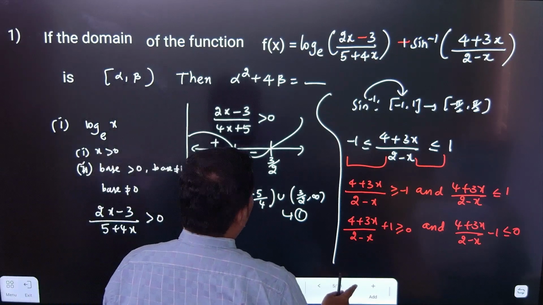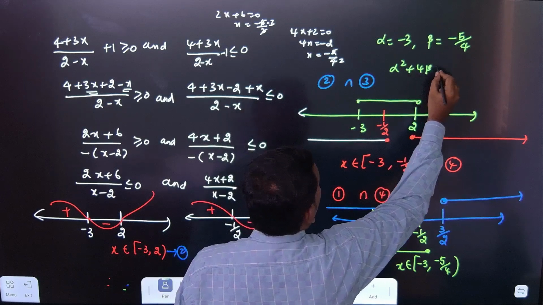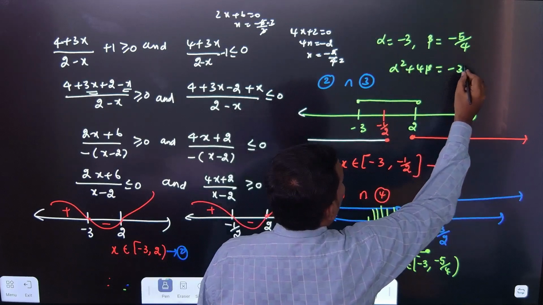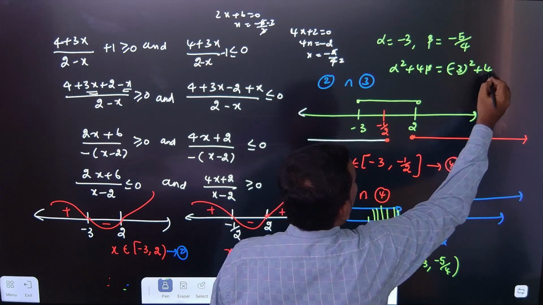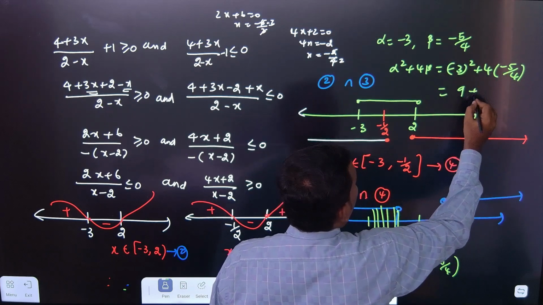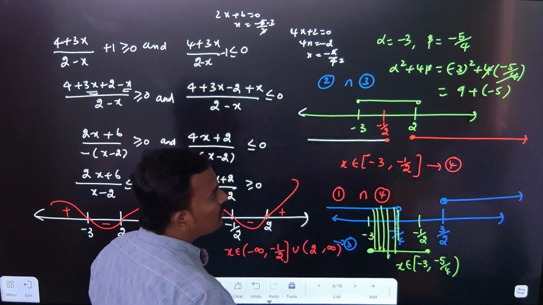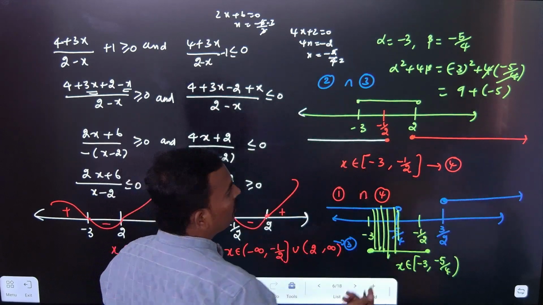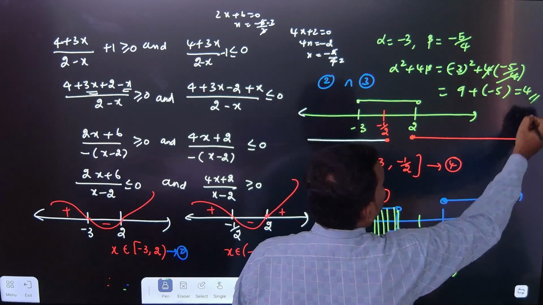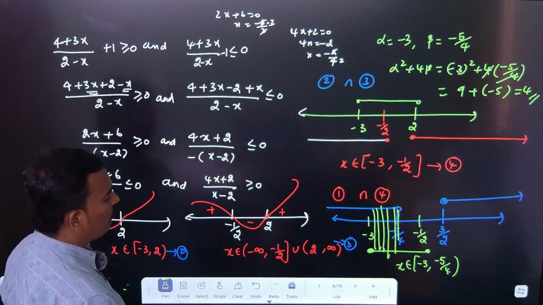So alpha is minus 3 whole square plus 4 times beta, minus 5 by 4. So this is 9 plus 4 cancel, it is minus 5. The answer will be 9 minus 5, that will be 4 is your answer. I hope everyone understands, right? Okay, we'll go for the next question.